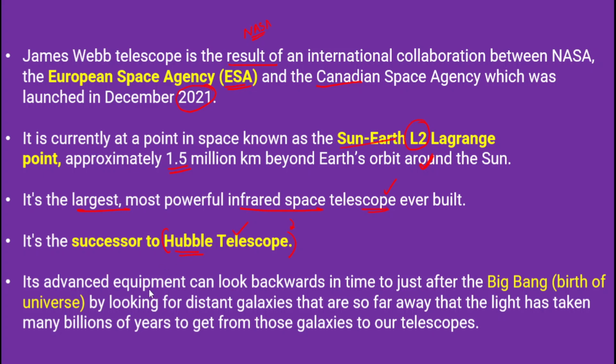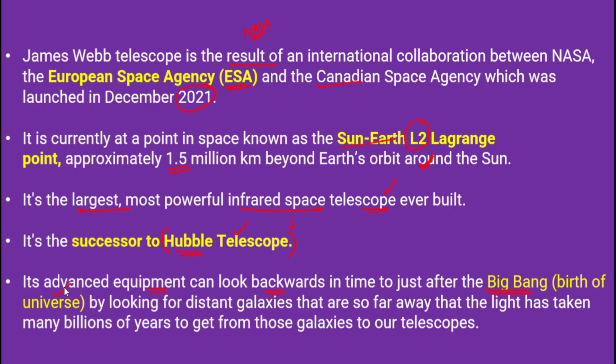So the advanced equipment that is used in the James Webb Telescope can look backwards. Okay, so not future, but it can look backwards in time to just after the Big Bang. So Big Bang is generally related to the birth of the universe.